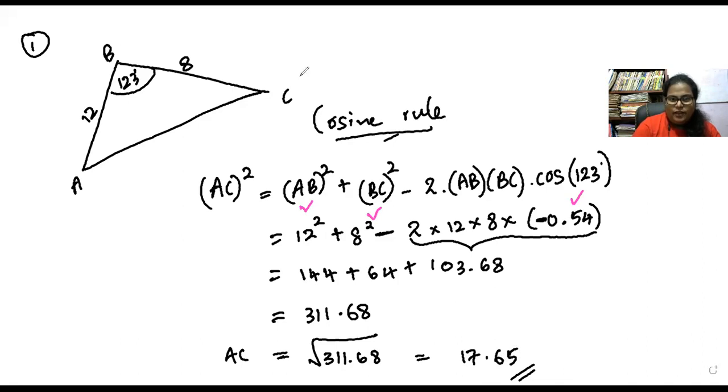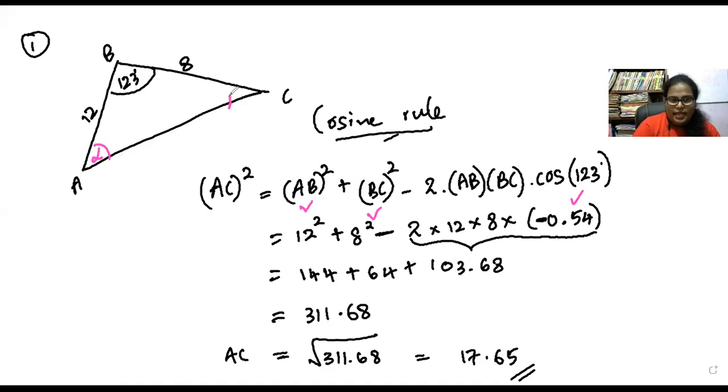That means you have to find the BAC angle. For our convenience, we will denote this angle as alpha, right? If this angle is alpha, what is the angle of this one, the BCA angle?